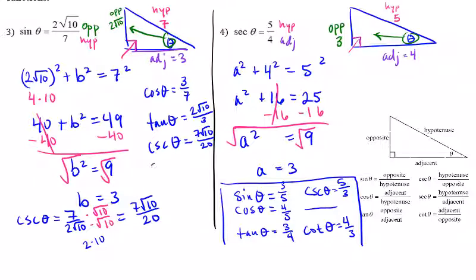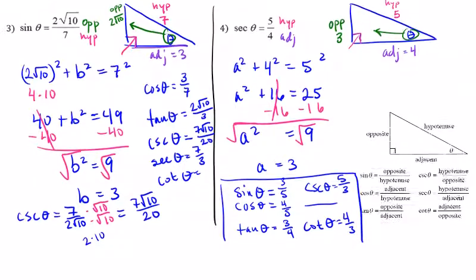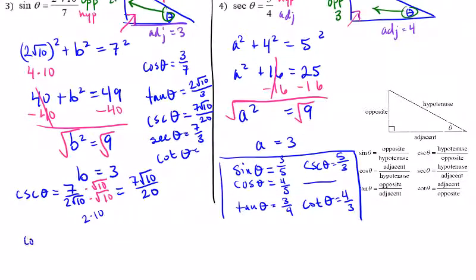All right, now for secant. That's going to be the reciprocal of cosine, or hypotenuse over adjacent. So it'll be 7 over 3. And then for cotangent, right, we're going to have to flip that over, or you can think of it as adjacent over opposite. And so we'll have to do a little math here. So for cotangent, it's going to be adjacent over opposite.